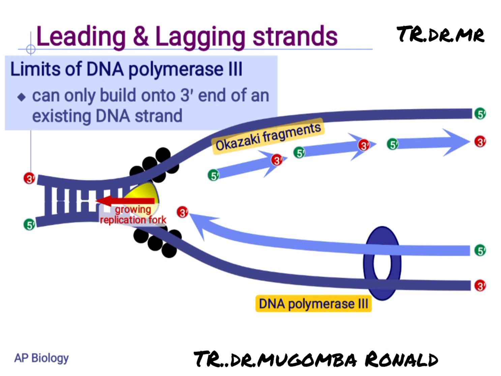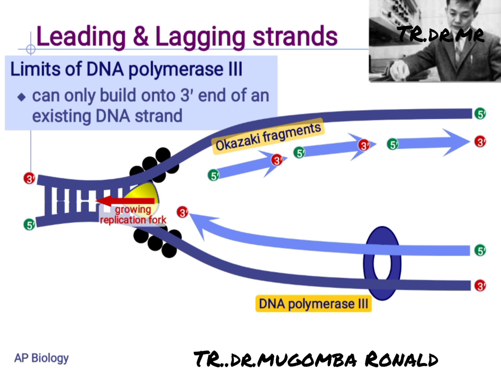But DNA polymerase reads DNA from the 3' end to the 5' end, and it synthesizes in the 5' to 3' direction. These fragments were first observed by a Japanese man known as Okazaki, and that is why they were named after him.